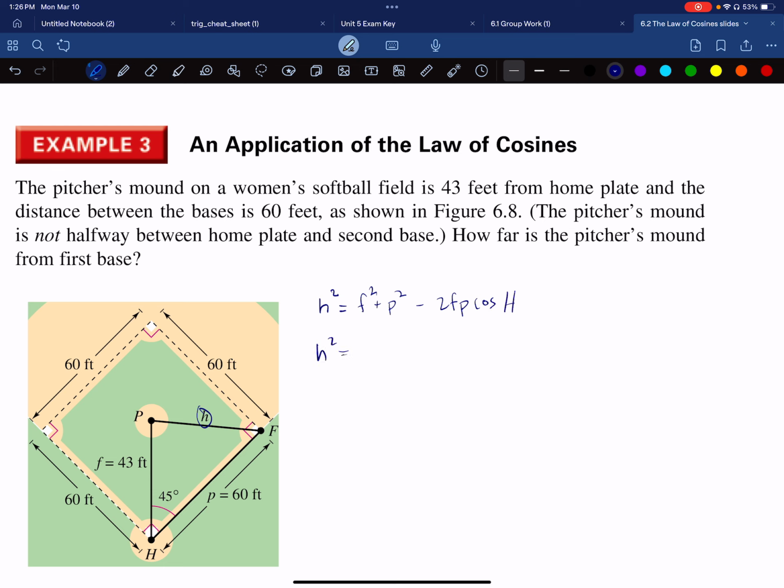So when I plug in the values we're given, this is h squared equals 43 squared plus 60 squared minus 2 times 43 times 60 cosine 45.